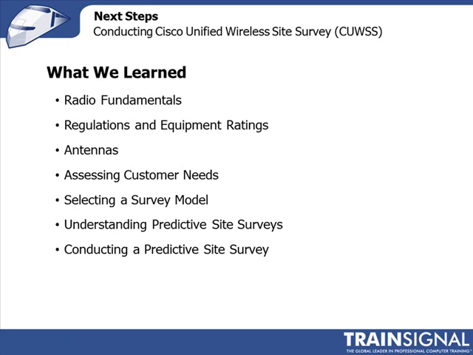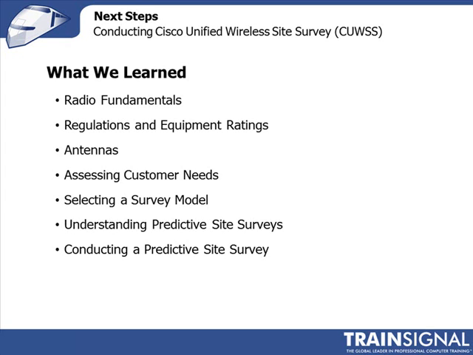We then went on to discuss survey models. Is this a data-only network? Is it a voice network, high density, location-aware, bridge or mesh? We then went on to understand what a predictive site survey is. This is where I predict where my access point should go, and what my coverage would look like given a location map and some basic understanding about the RF environment, such as is this a cubed office environment, a walled office, an outdoor environment.